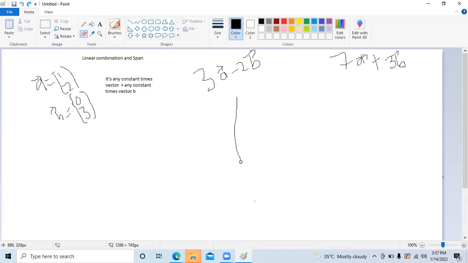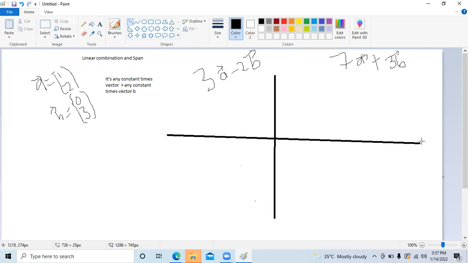Let's look at what 3a minus 2b looks like on our graph.